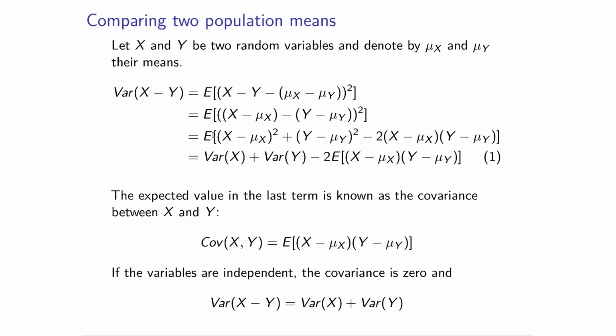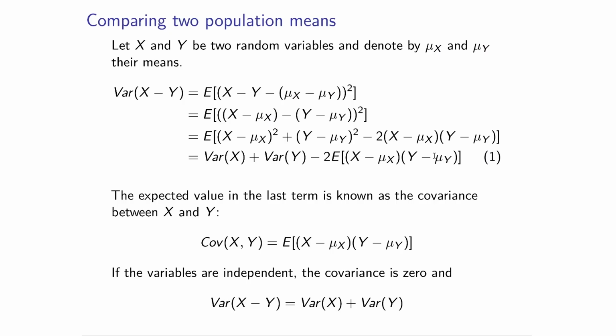Since the expected value is linear, the expected value of this sum is the sum of the expected values. This term is the variance of x, this other term is the variance of y, and the last term is twice the expected value of the product of x minus μx times y minus μy.